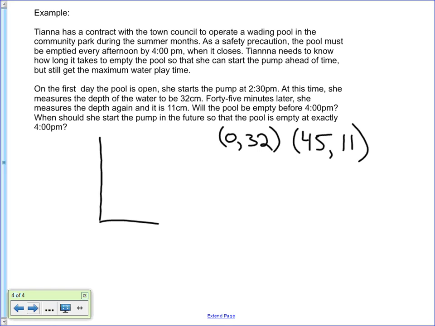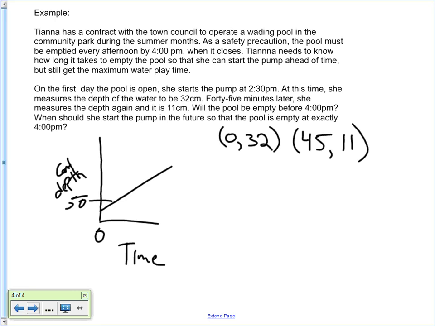I have two ordered pairs that I would put on this graph. Time is my independent variable. My dependent variable would be the depth of water in centimeters. So 32 would be somewhere here, and my line would go in some sort of a linear fashion.